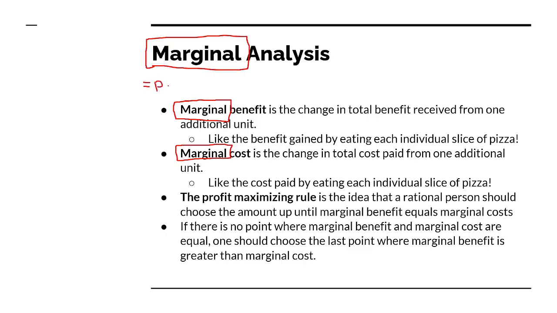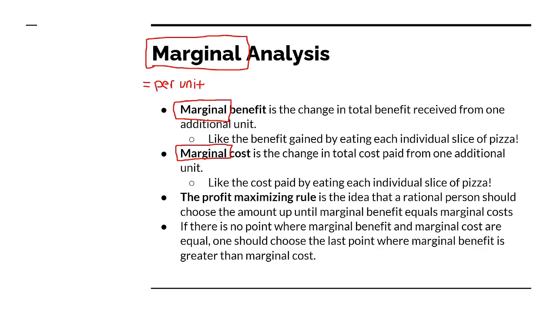And when we're talking about eating pizza, the marginal benefit and the marginal cost for eating pizza is each slice on its own. So that's essentially the crux of what we're looking at: marginal benefit and marginal cost from each additional unit.